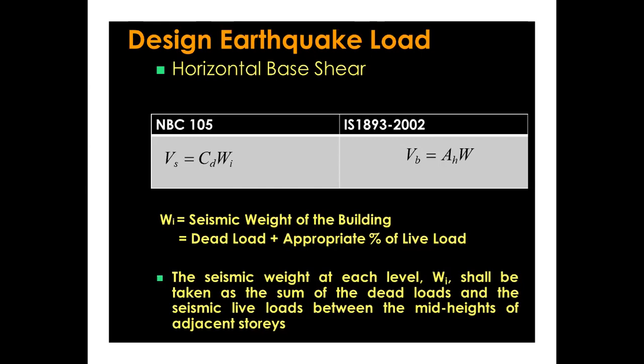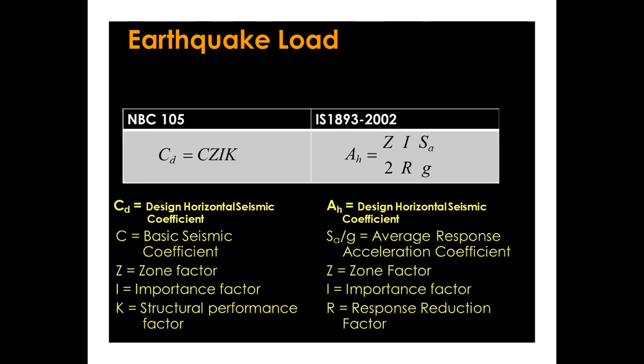Here, W is the seismic weight of the building, where the seismic weight of the building is equal to dead load plus an approximate percentage of live load. The seismic weight at each level Wi shall be taken as the summation of the dead loads and the seismic live loads between the mid heights of the adjacent stories, right?